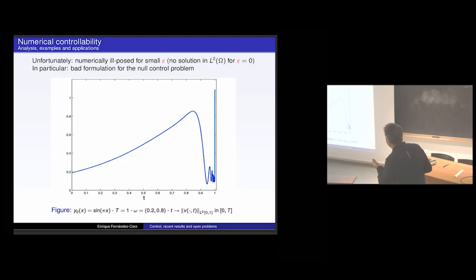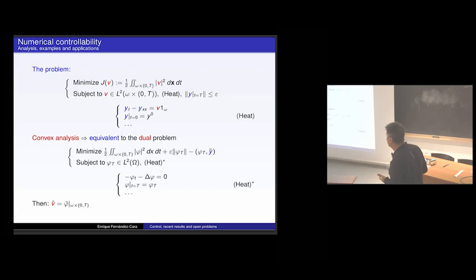So this is not a good idea, in fact, from the numerical viewpoint. If you want to find a control that makes y at capital T in norm less or equal, for example, than 10 to the power minus 10, something really very small, you are not going to solve the problem this way.